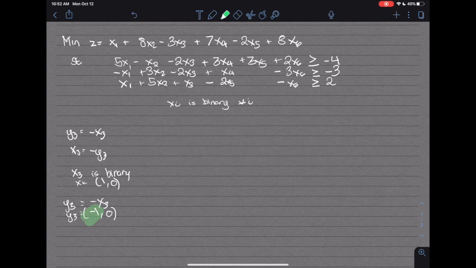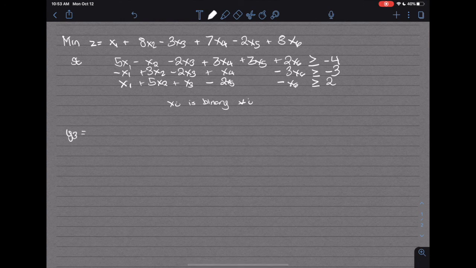Therefore, if we use this transformation, y3 becomes a non-binary variable, but we have to maintain that the problem will still have all binary variables. So in order to transform x3 into a new variable but still keep a binary characteristic, we use the transformation y3 is equal to 1 minus x3.